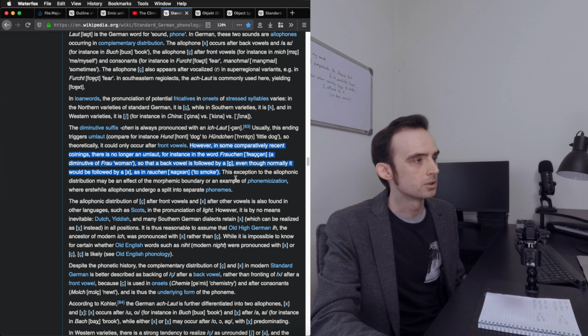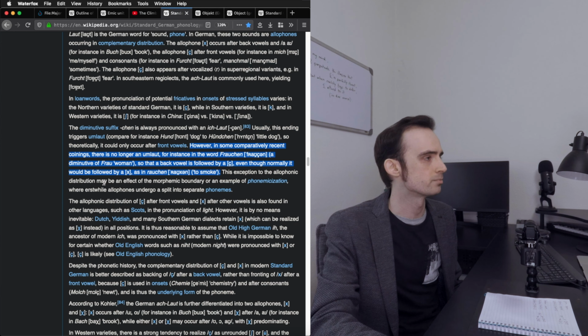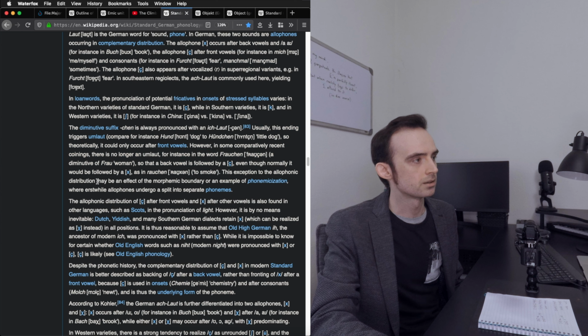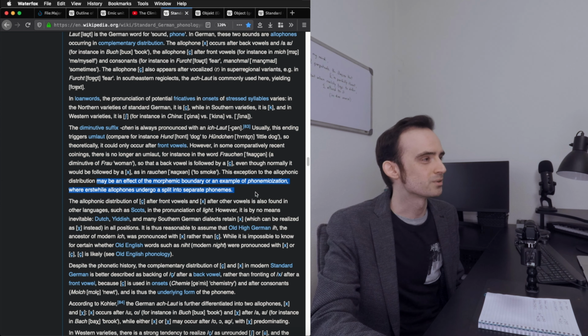So it says here that this exception to the allophonic distribution, like that complementary distribution that I mentioned, may be an effect of the morphemic boundary or an example of phonemicization, where erstwhile allophones split into separate phonemes.